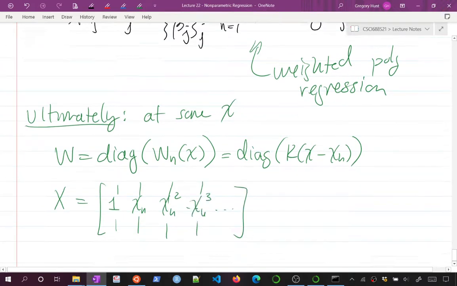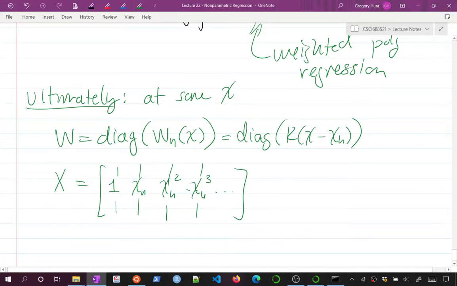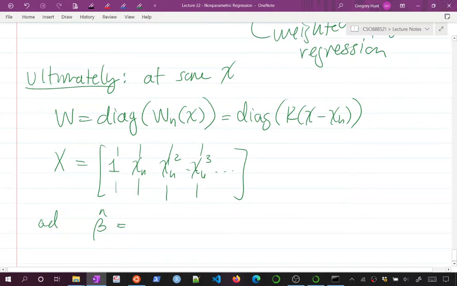So some polynomial regression design matrix, and my beta hats, of course, follow the weighted regression, which is X transpose W X, inverse, X transpose W times whatever my y's are, right?